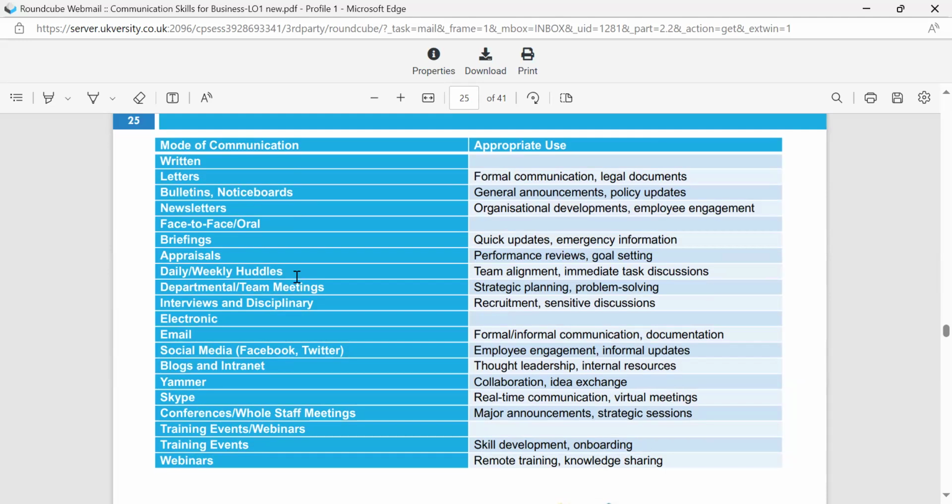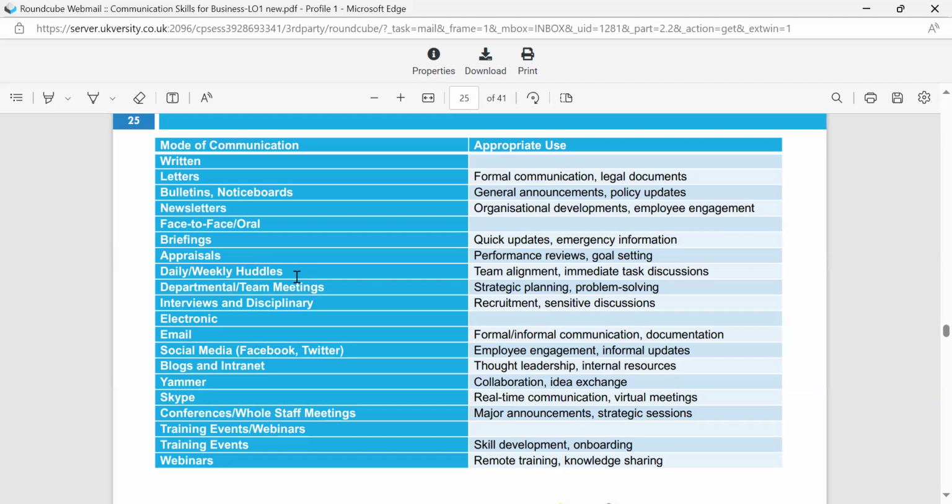Face-to-face and oral are obviously used for interaction with each other: briefings, quick updates, emergency information, appraisals for performance reviews and goal settings, daily and weekly huddles for team alignment and immediate task discussions, departmental team meetings for strategic planning and problem solving, interviews and disciplinary meetings for recruitment and sensitive discussions.